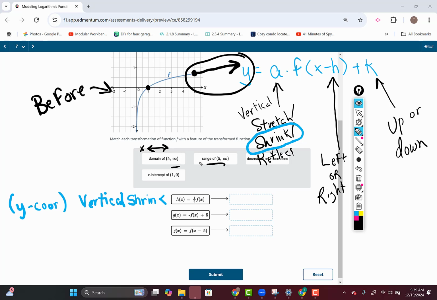So that doesn't work. The range is talking about the y values, how far up and down it goes. This is saying the lowest y value is 5. Well, that's clearly not accurate. We can't even see 5 on this graph. So that's not going to work either. Okay, so we go back to our original premise. The answer is the x-intercept of (1, 0).